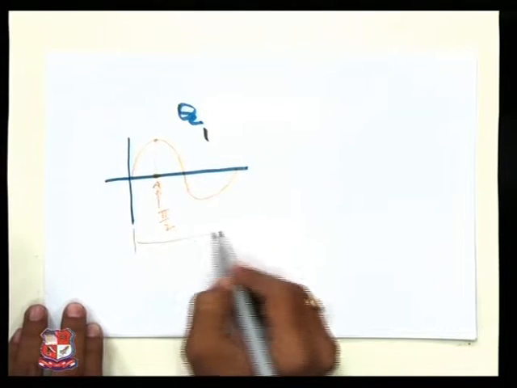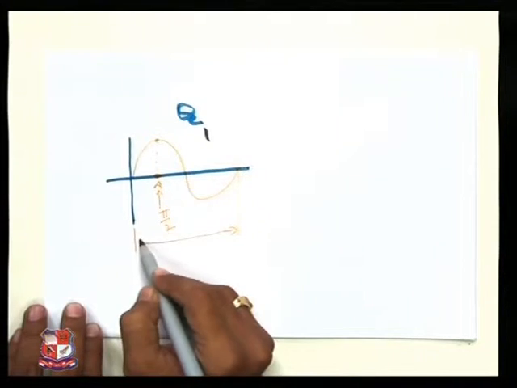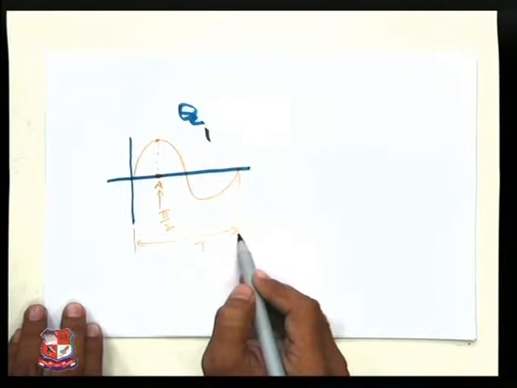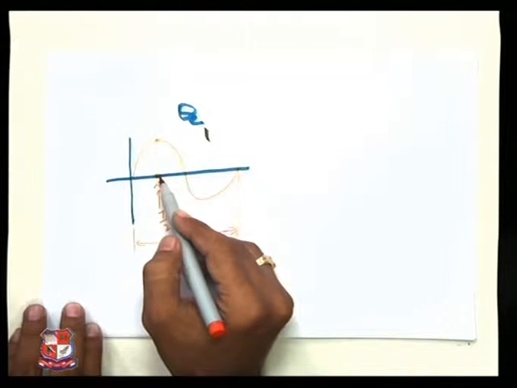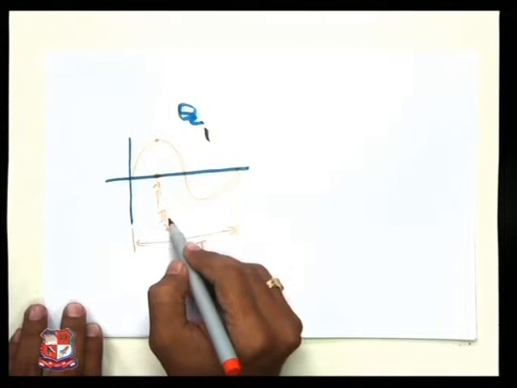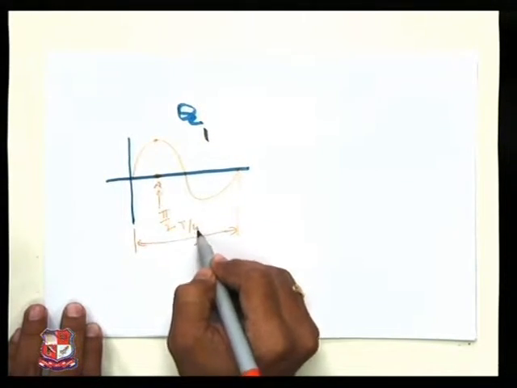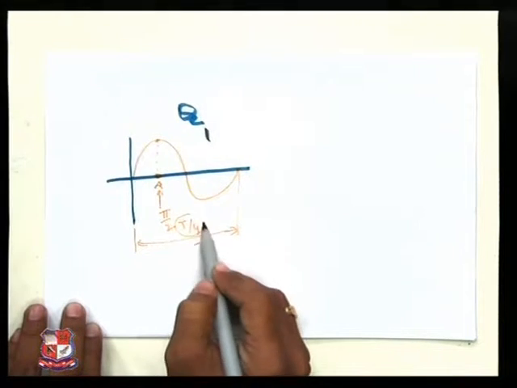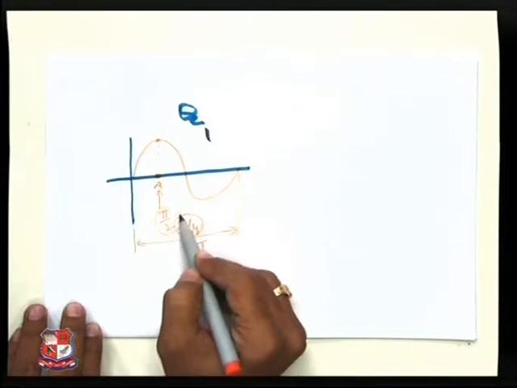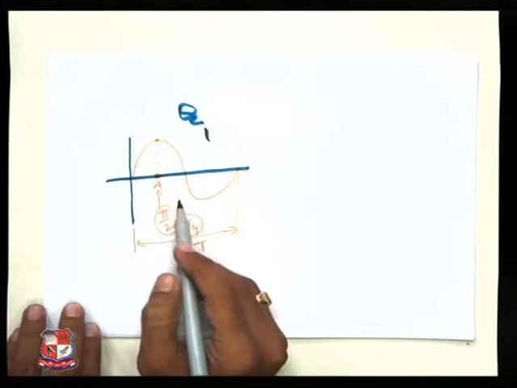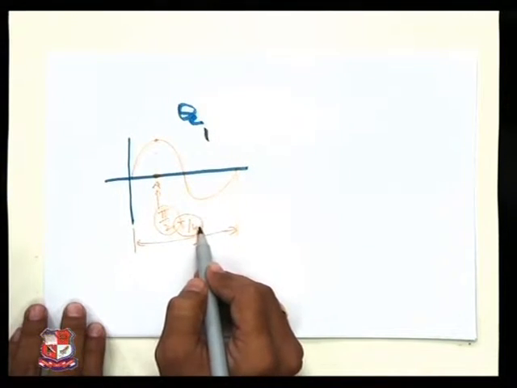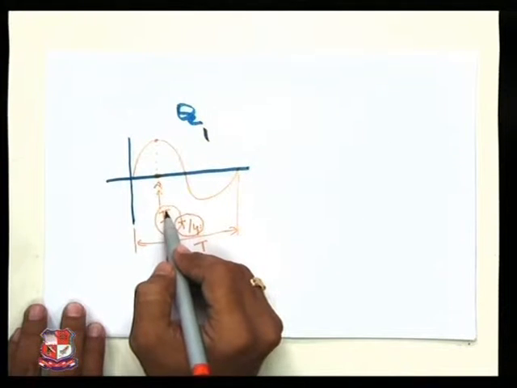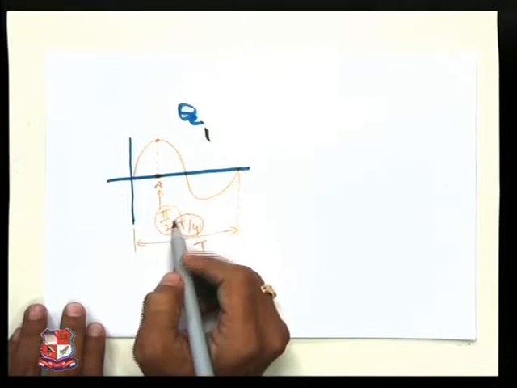Suppose this is the time period. At A, the phase value we can say is T by 4. Either T by 4 in seconds, or pi by 2 in radians. We can express the phase value both ways, in seconds T by 4 and in radians pi by 2.